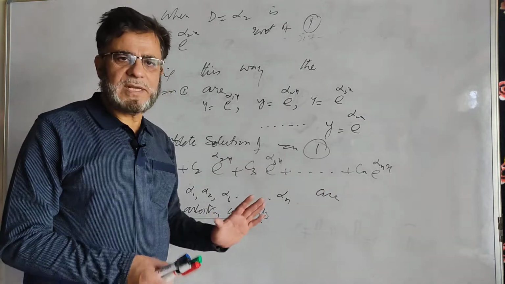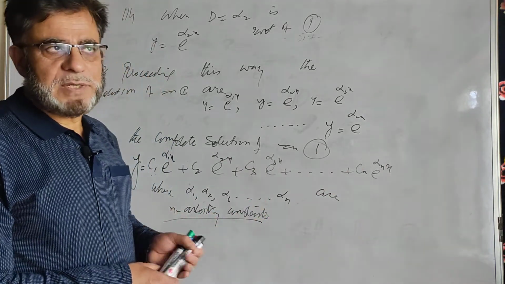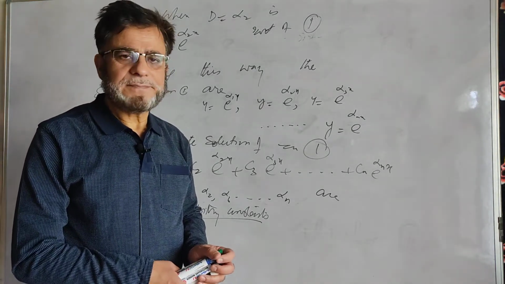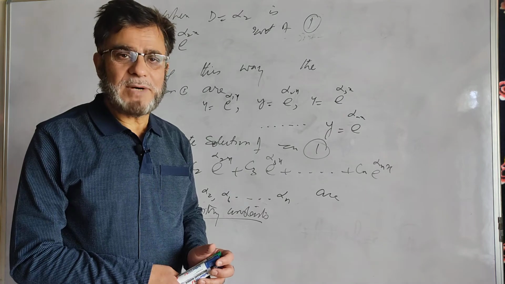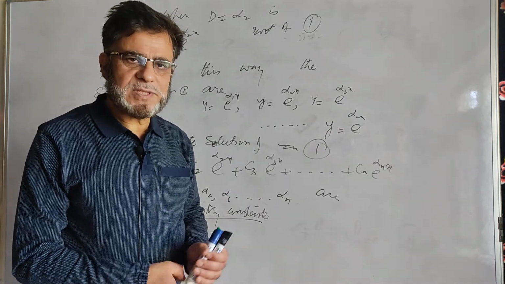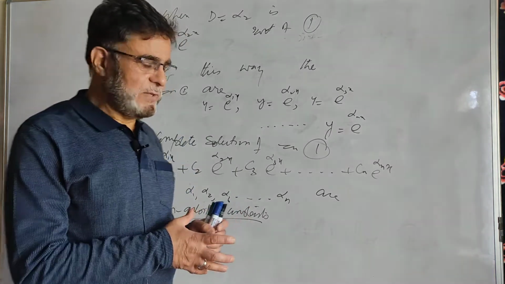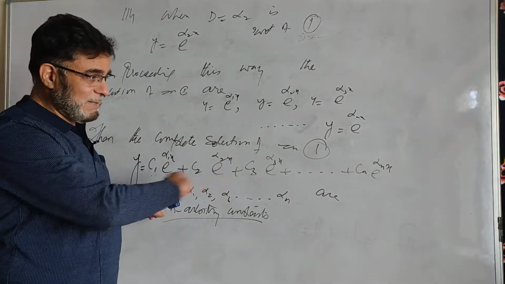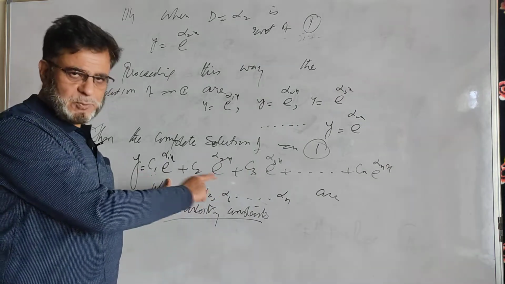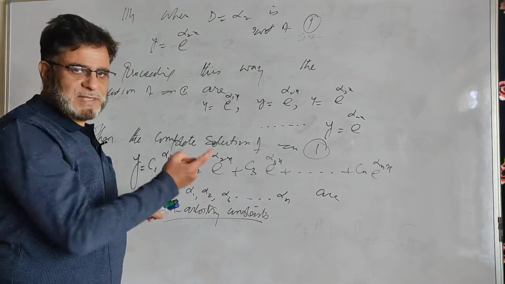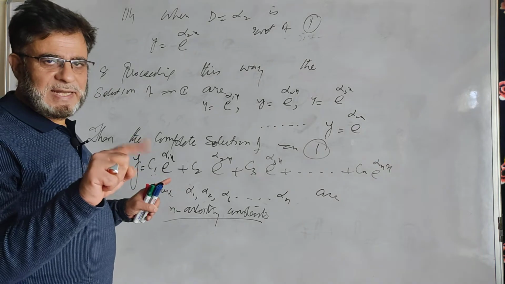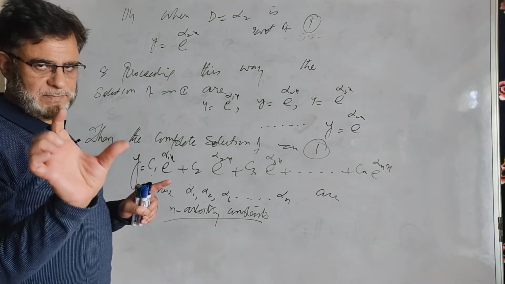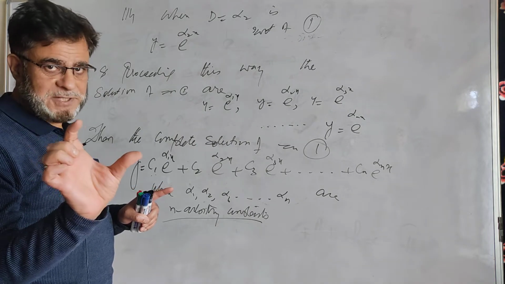It is the solution. Now there is case second. You may put a question: if our roots are real, but some are repeated, how do we proceed? I will also tell you, if we proceed this way, we will get some contradiction. We have not to proceed this way. You may write, if roots are say alpha, alpha, alpha 3, that means we are taking two roots repeated.